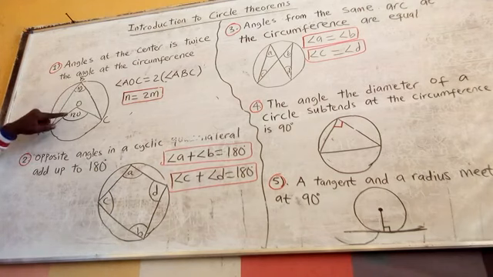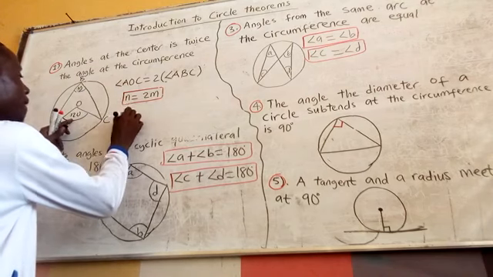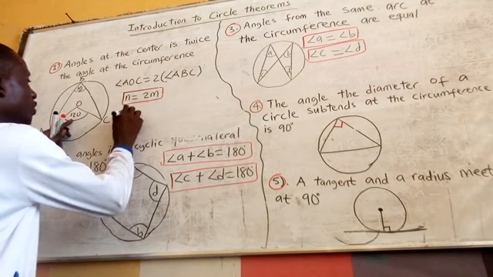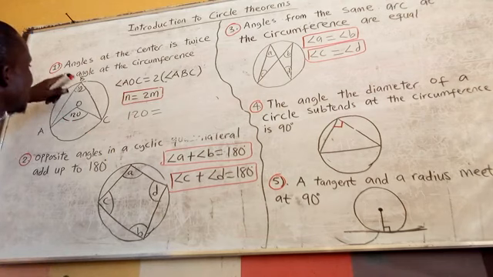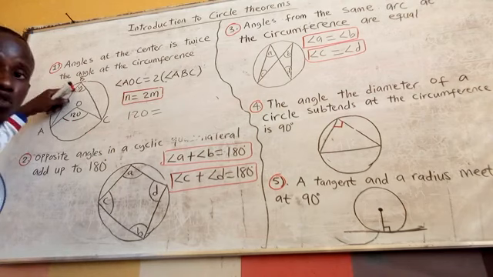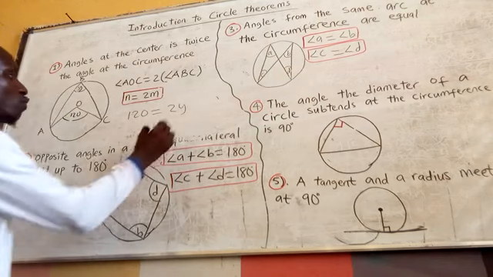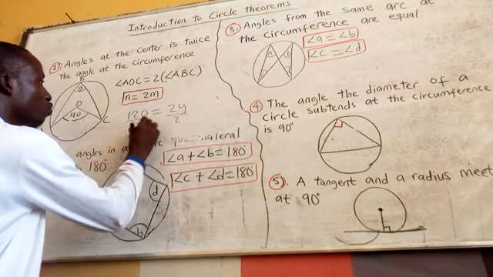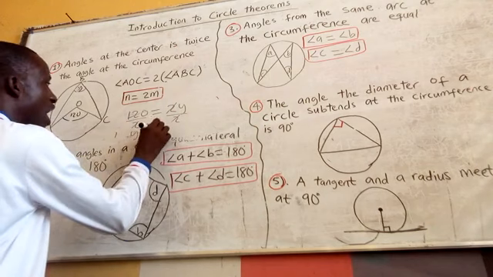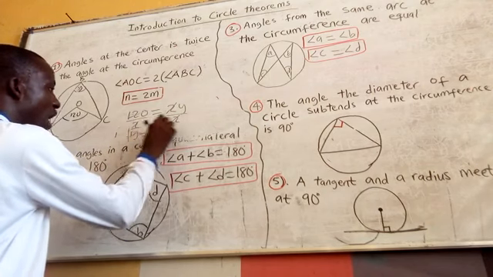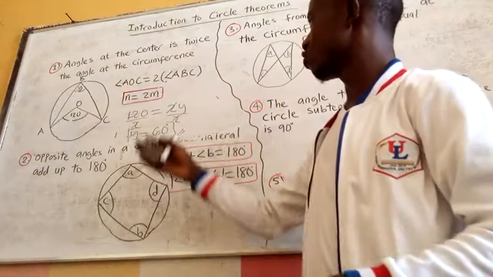So the angle formed at the center here is 120 degrees, which is equal to 2 times the angle formed at the circumference. The angle formed at the circumference here is Y, so it equals 2 times Y, or 2Y. We want to find Y, so we divide both sides by 2. So 2 cancels 2, and we have Y is equal to 120 divided by 2, which is 60. So Y is equal to 60 degrees. So this is another way we can use this theorem.